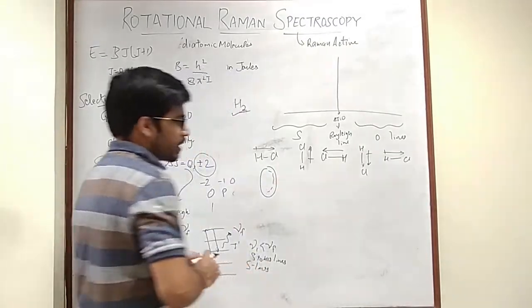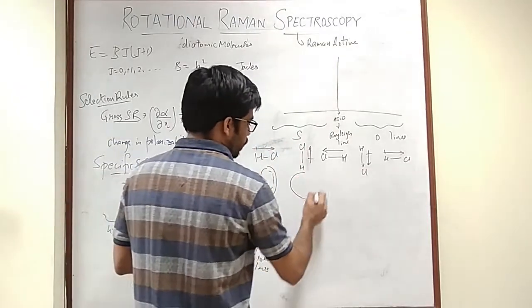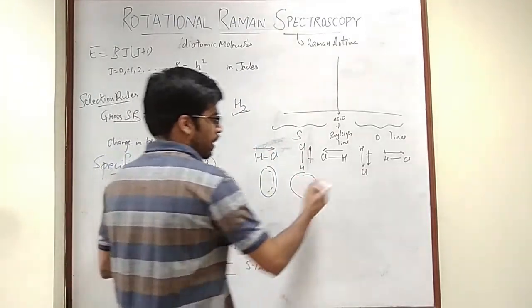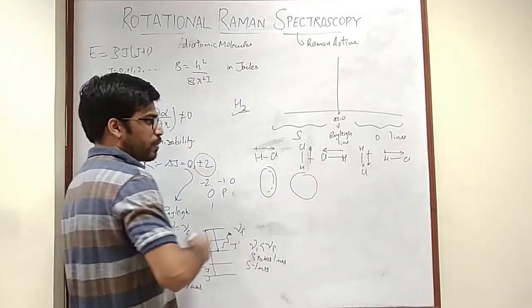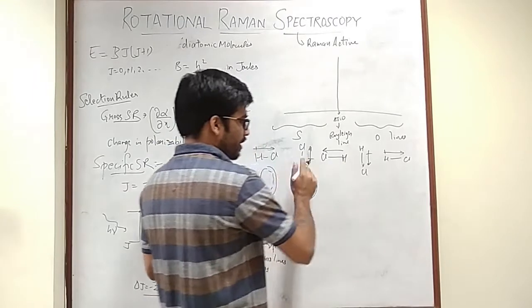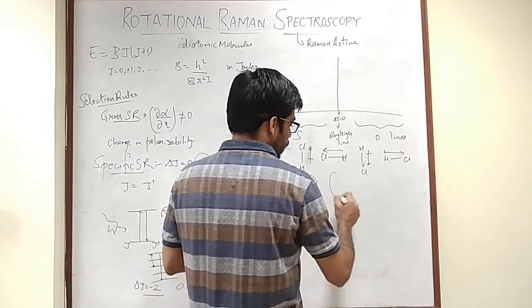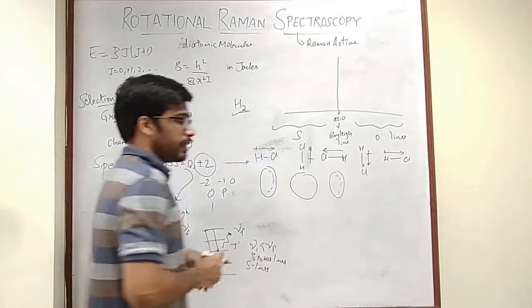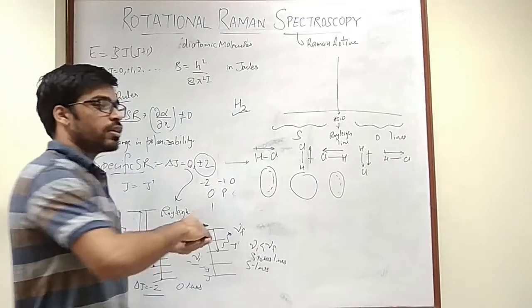In the next case, there is equal polarization occurring for this entire bond, so it's a sphere. Now again, the dipole moment is opposite to the electric field direction, but the polarization is going to occur along this direction only. That would mean the polarizability ellipsoid will again look something like this, unless the polarization is occurring on some other axis.